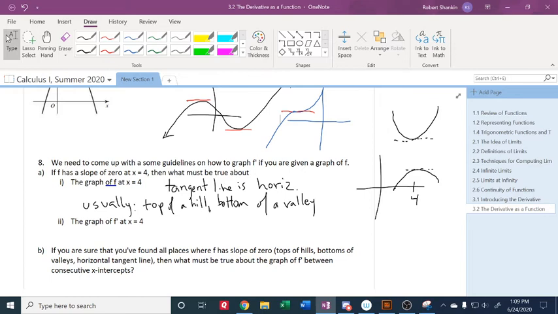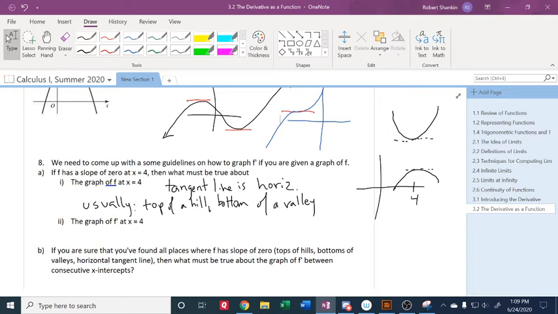Okay, group 3, any ideas? And you can always say pass. Not sure what the question is asking. Is it asking for a function of f prime?